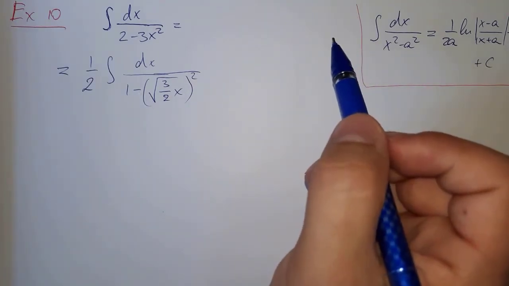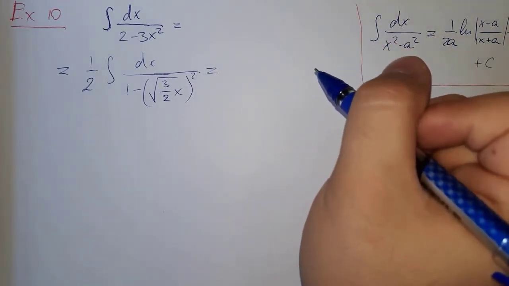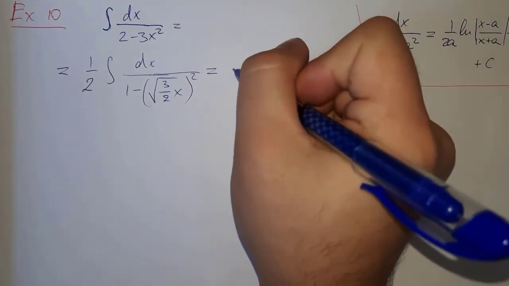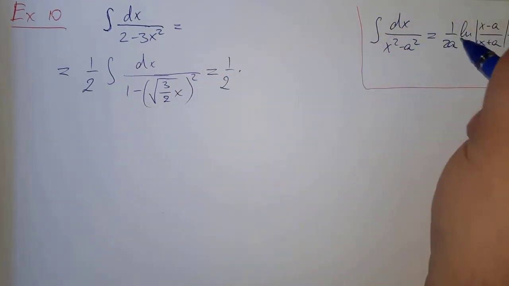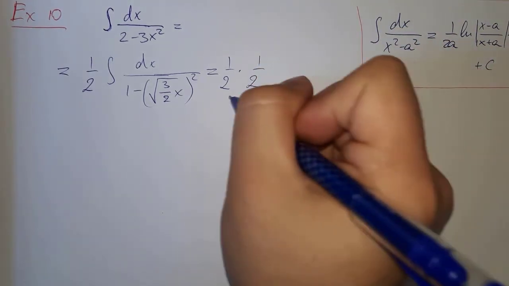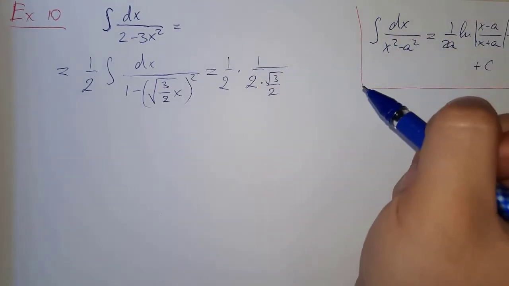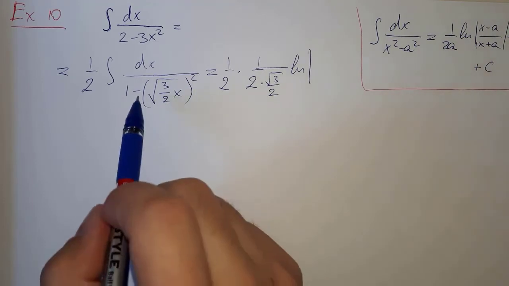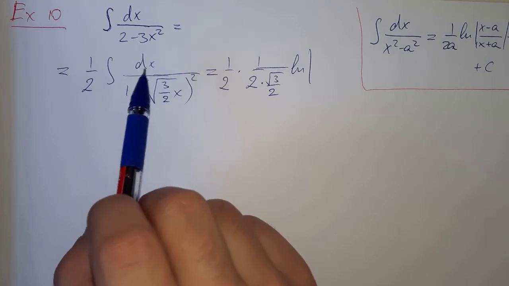So now what do we get here? If we continue, we can use this formula. It is 1 over 2a, and our a is square root of 3 over 2, times natural logarithm. However, this is the opposite one, it is 1 minus x squared.